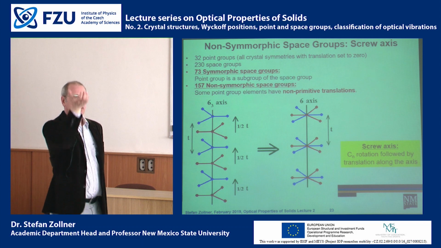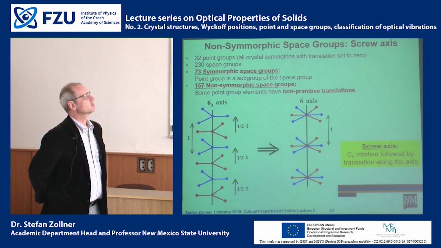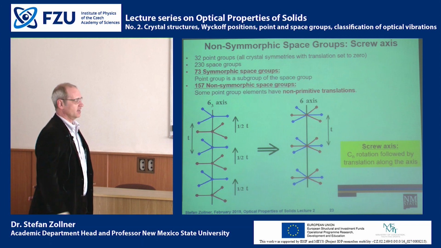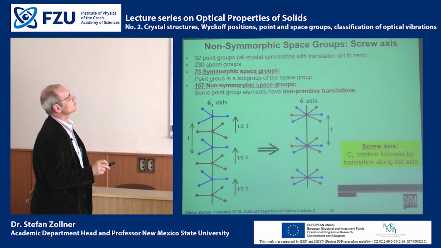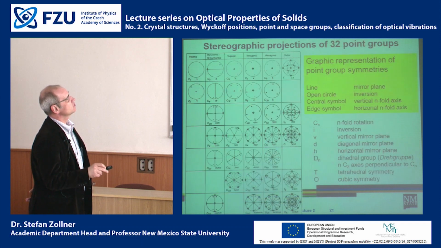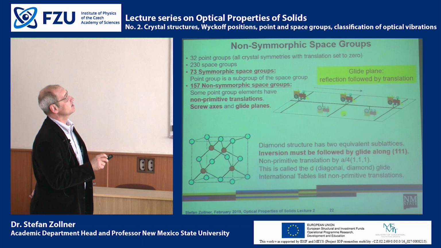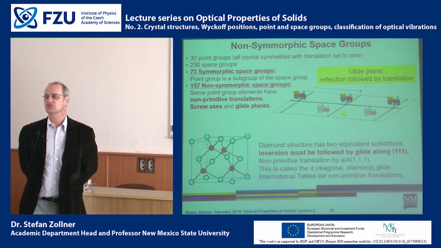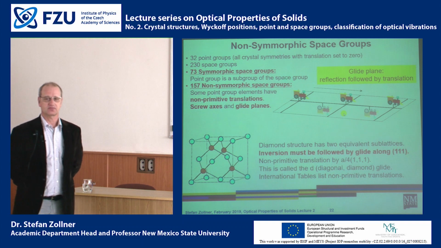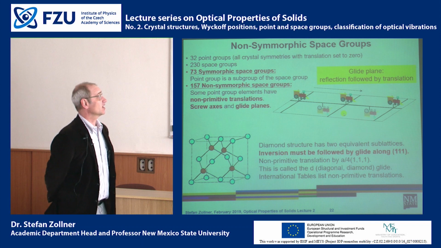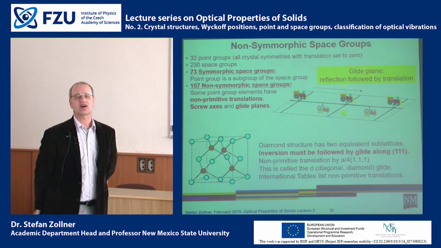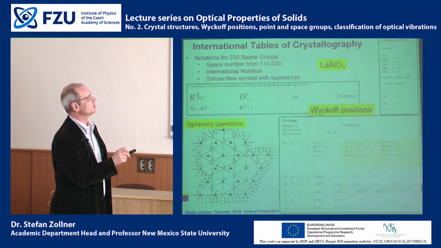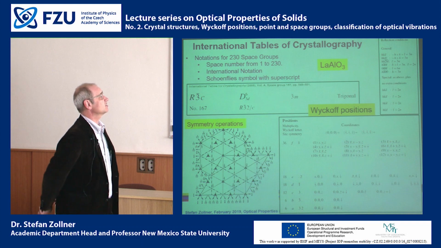So I rotate and I shift, and that is known as a screw axis. So together with the screw axis and glide planes, I'm getting these 157 non-symmorphic space groups. And you'll have to stare at these pictures for a while and try to understand what this actually means.